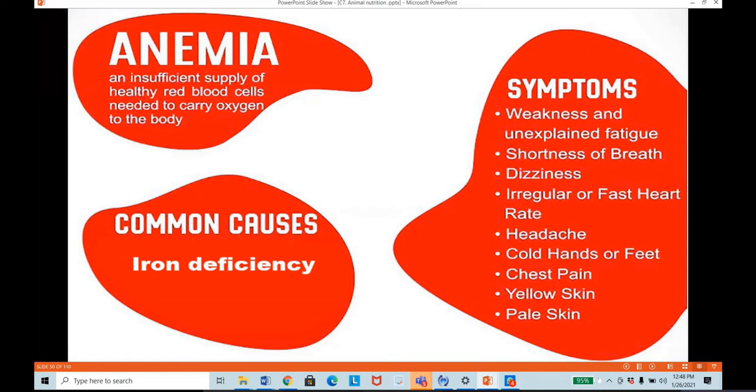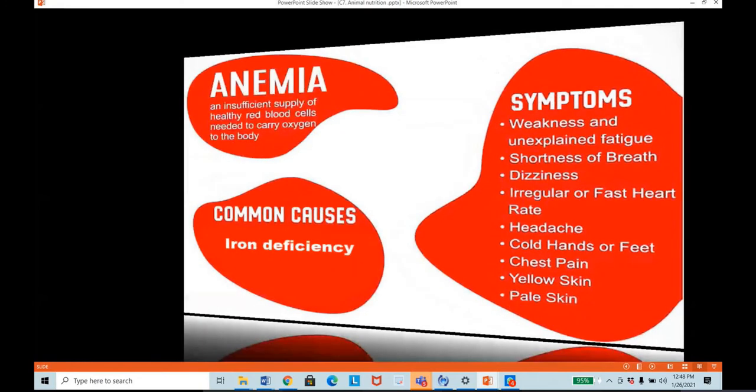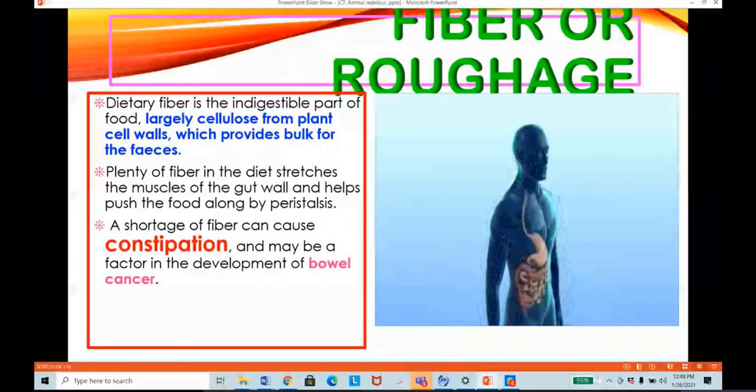The symptoms are weakness and unexplained fatigue, shortness of breath, dizziness, irregular or fast heartbeat, headache, cold hands or feet, chest pain, yellow skin or pale skin. Ladies, these are the symptoms of iron deficiency anemia.